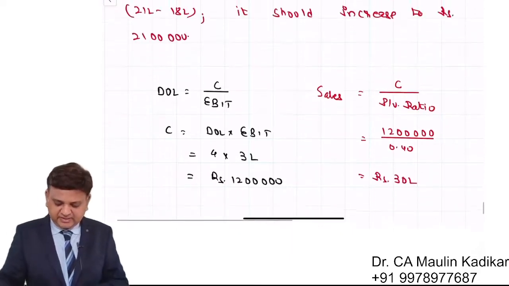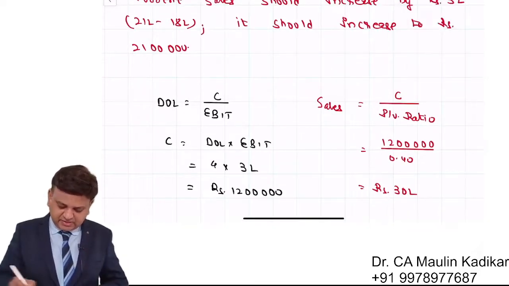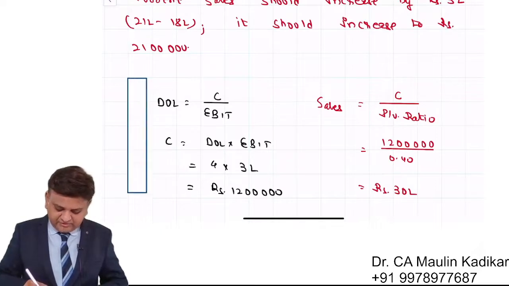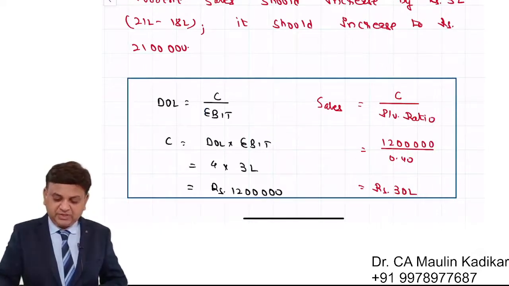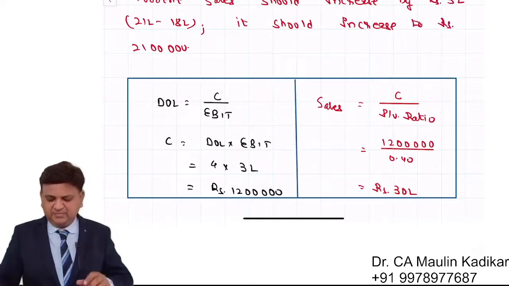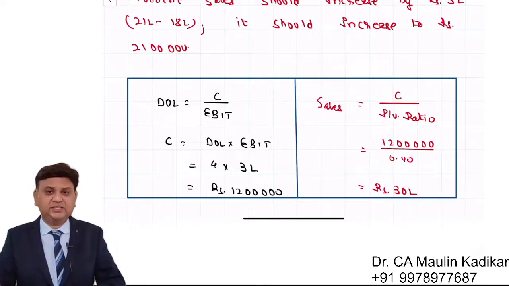That comes to 30 lakhs. Many times I come across an answer like this, and students have a point: sir, why is my answer wrong? I have understood the way you have explained, however I am slightly concerned, why is this answer wrong?